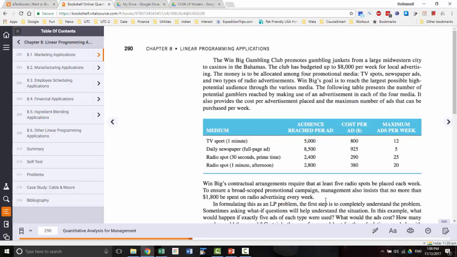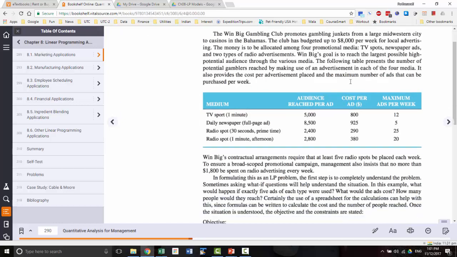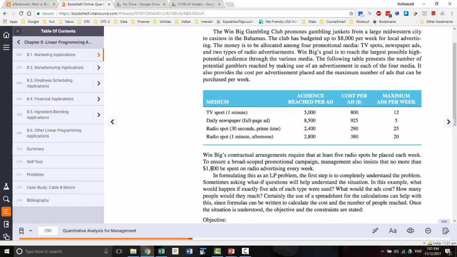Now, the company also has a limited budget, and there are some budget constraints. The budget is $8,000 per week, and to ensure a broad scope promotional plan, management does not want more than $1,800 spent on radio advertising in a week. So we have a limit on how much money we spend on radio ads.